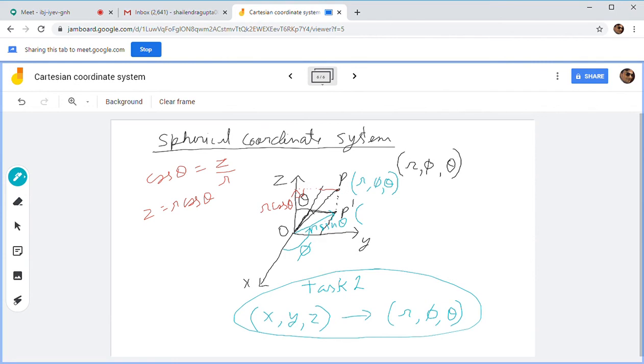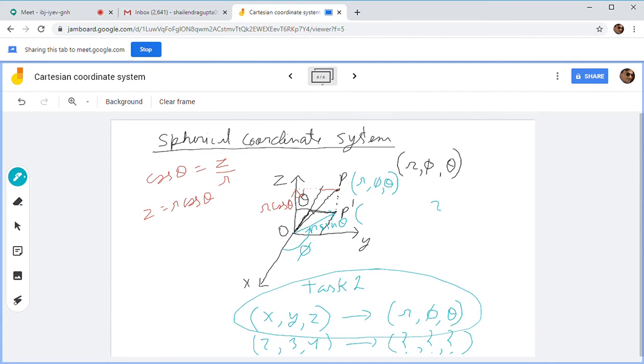So if x is 2, y is 3, z is 4, then how much will this be in this dimension? What will be r, what will be phi and what will be theta? This is what I am asking you to do. These two questions you should submit by today, because tomorrow is your another lecture. So you have to complete it by today only, and post this in your classroom.